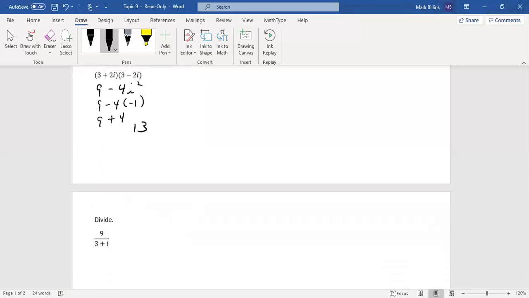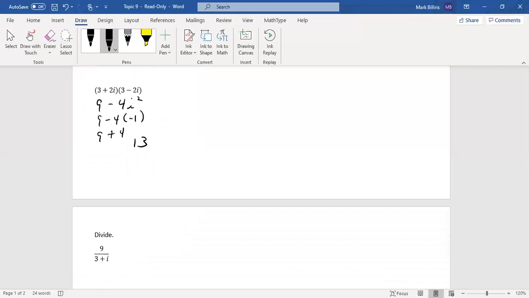So now let's talk about division. In division, as you've discussed in the past, we can't have a radical in the denominator. So remember that i is a radical. i is the square root of negative 1. So we have to remove the i from the denominator. What process are we going to use? We're going to multiply, if it's a binomial, and in this case it's a binomial because it has two terms, I'm going to put that in parentheses.